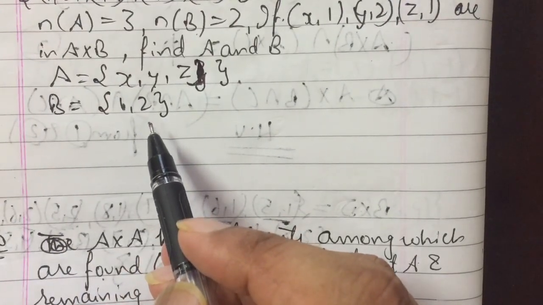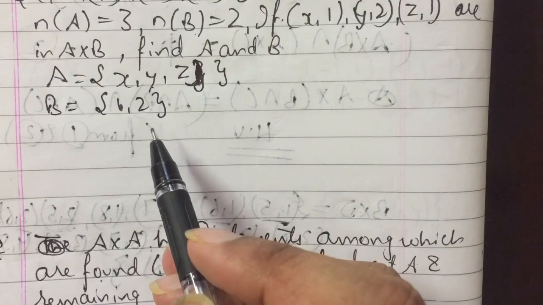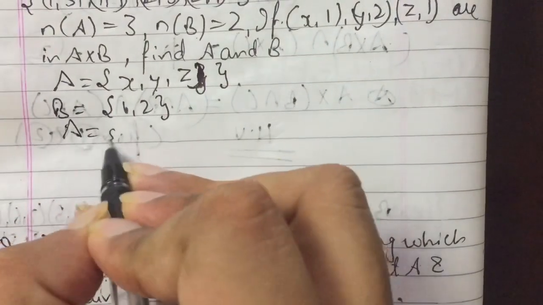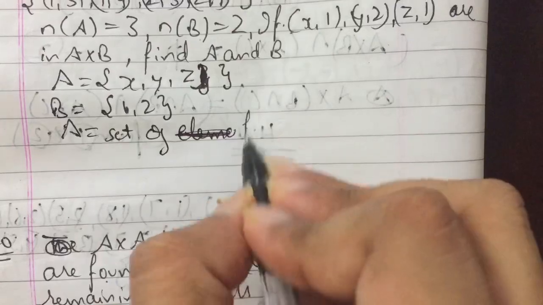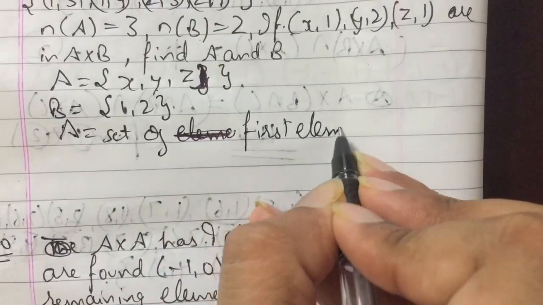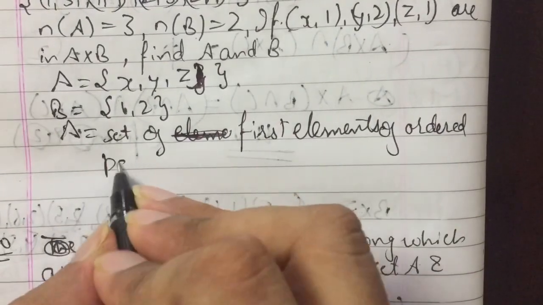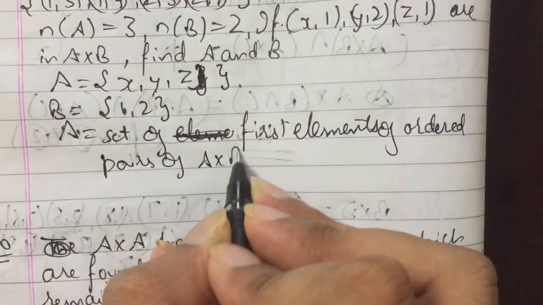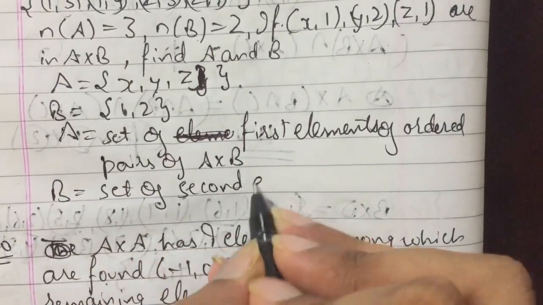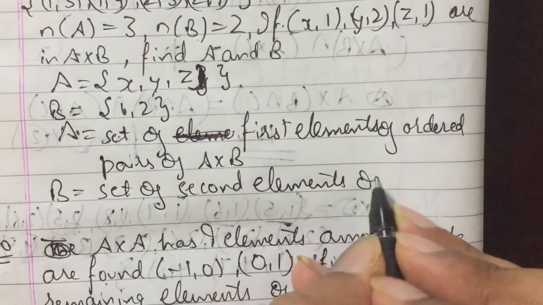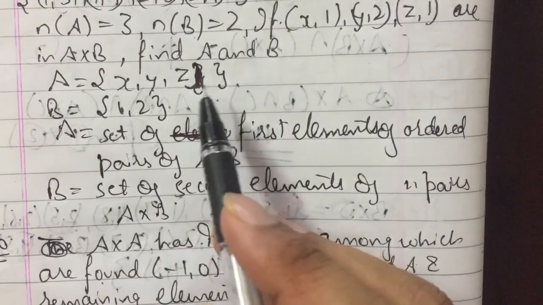Simple. Why? Because we know that set A is the set of first elements of the ordered pairs of A cross B, and B is equal to the set of second elements of the ordered pairs of A cross B. So that's why we have taken the first elements.